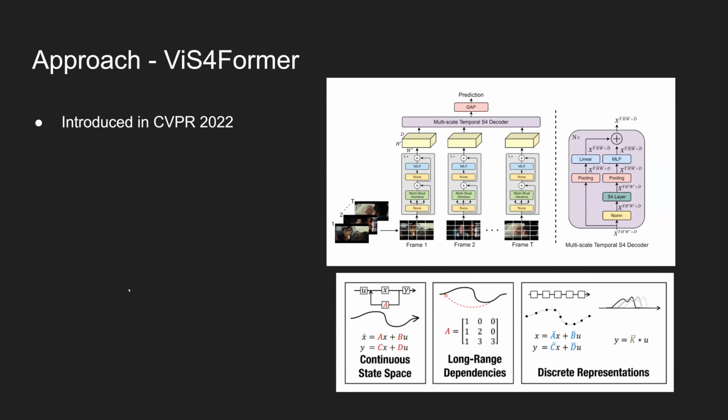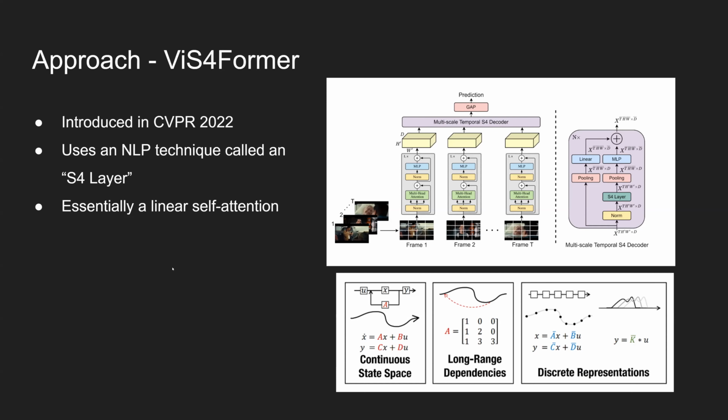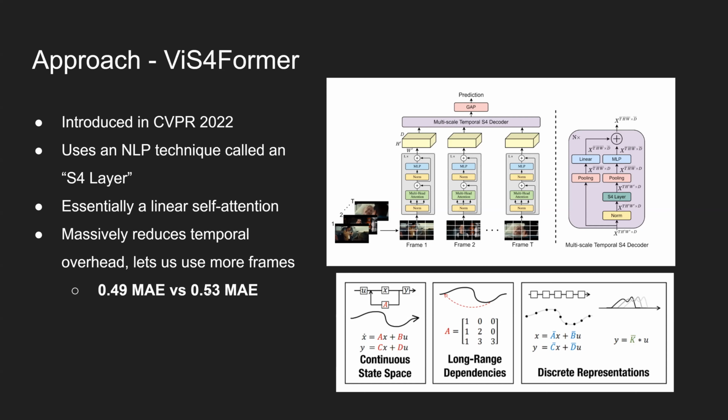Okay, so the second method we use actually comes down to this new method called VisS4Former. It was introduced in CVPR 2022 and uses an NLP technique called an S4 layer. This is essentially linear self-attention. It massively reduces temporal overhead at the cost of a little bit of spatial understanding.